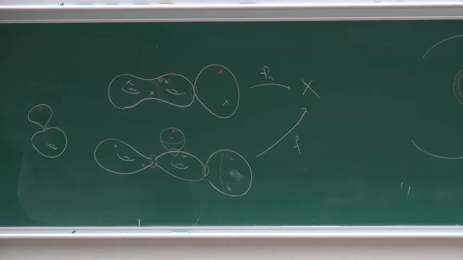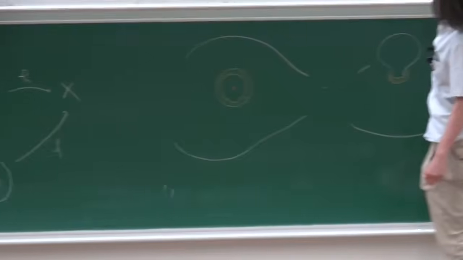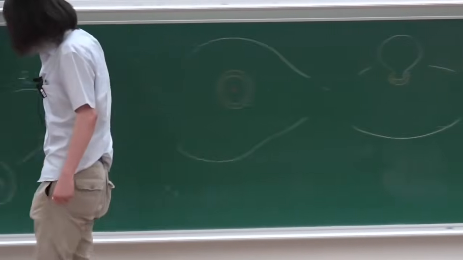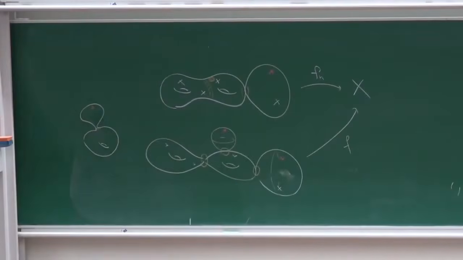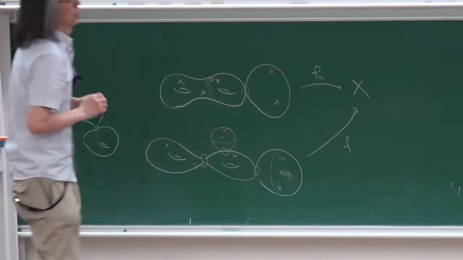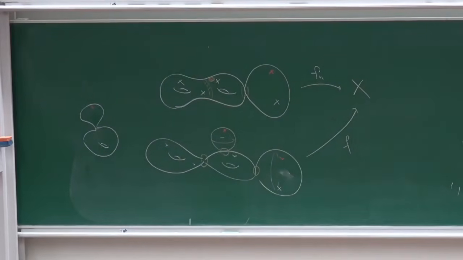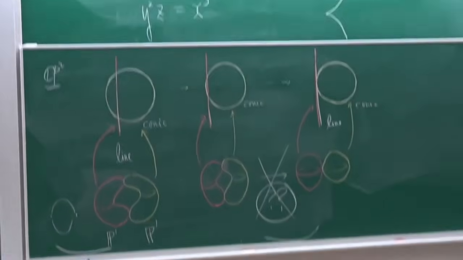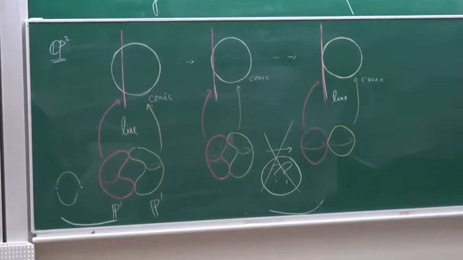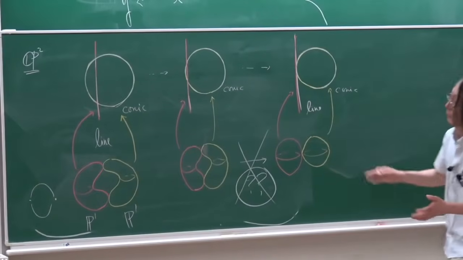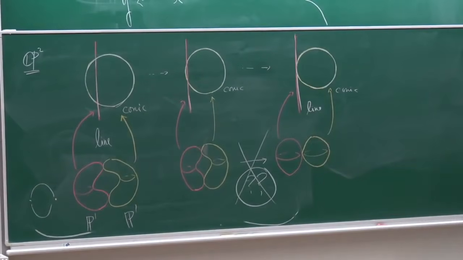There may be some component which is stable because you have this marked point. If you forget this marked point, then it will not be stable anymore. So then we have to throw it away. But anyway, this is a little bit tricky. And then I can just come back to here, and I just want to tell what is a way to understand the limit. And then I stop, right?